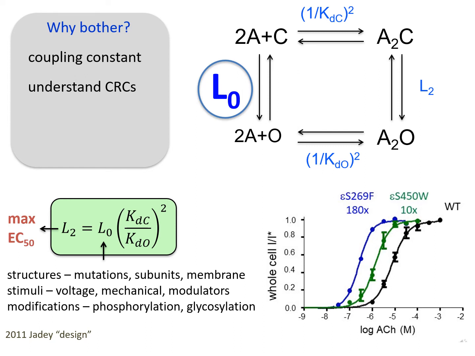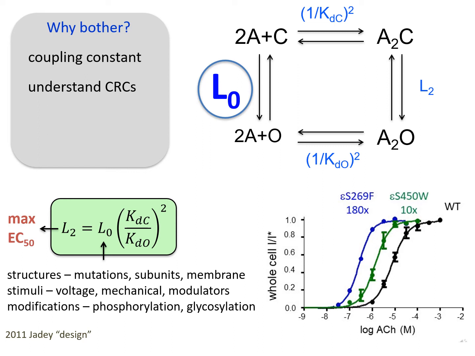So the ratio of binding equilibrium constants, the coupling constant, is something that's happening strictly at the binding site. But L0 is influenced by all manner of perturbations to the protein. So the structural components of the system determine L0. That is the amino acids, so a mutation can change L0. The subunits will change L0, and elements in the membrane will change L0.